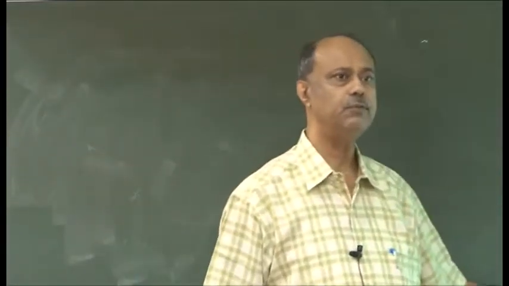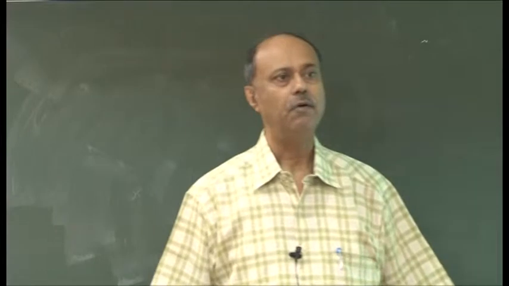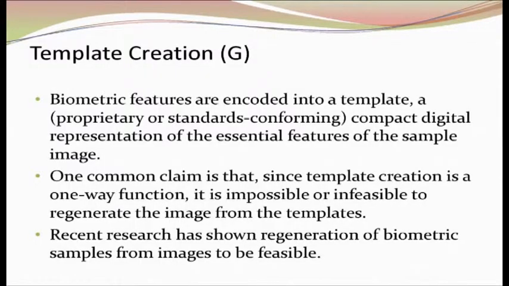So, this is also one vulnerability, that quality control at that level may occur. Now, once quality is passed, then you will be generating the template, and the template is a feature vector. It is assumed to be unique, and if I can manage to get this template, if I can attack this template, everything is gone, right.